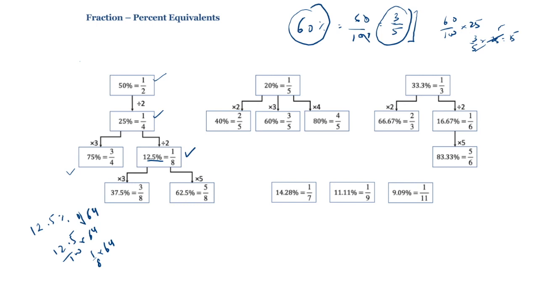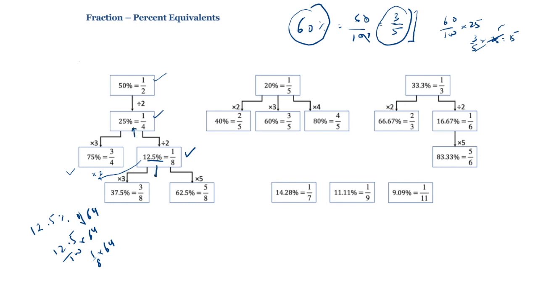Okay, now when we multiply this on both sides by 3, we get 37.5% is 3 by 8. And when we multiply both sides by 5, we get 62.5% is 5 by 8. Of course, when we multiply this by 2 on both sides, we get 25% is equal to 1 by 4, which is just this one.